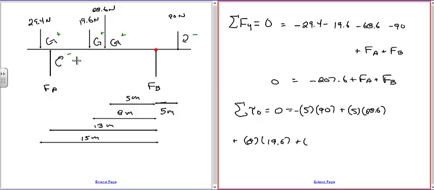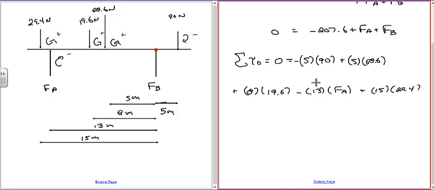The next one is the support force, so that's going to be negative, and the distance is 13 meters times the unknown force F sub A, and then finally this one, which is positive, the distance is 15 meters times 29.4.